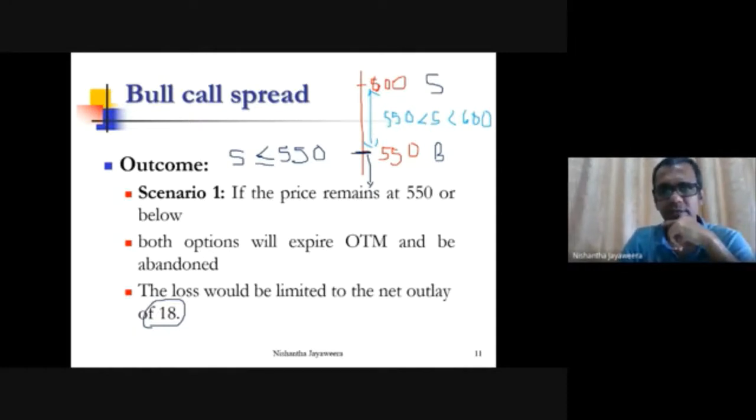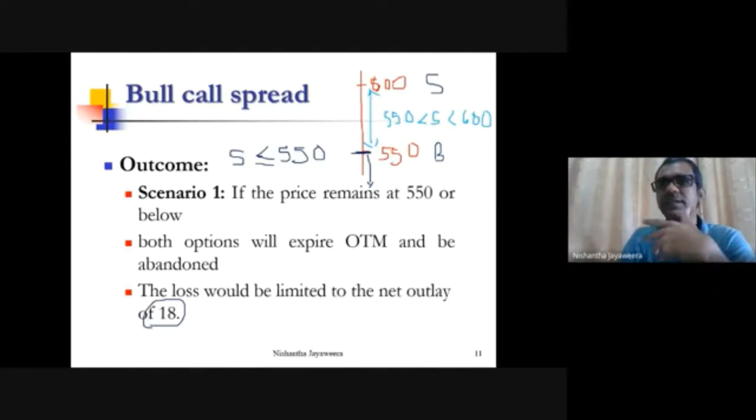So whatever the difference between 550 and spot price, you will get it as the gain, minus 18 as your outflow. Correct? Is it clear?